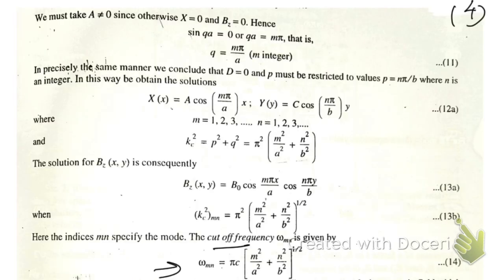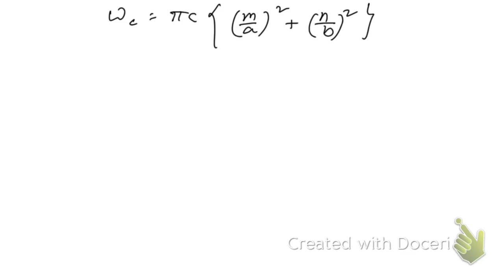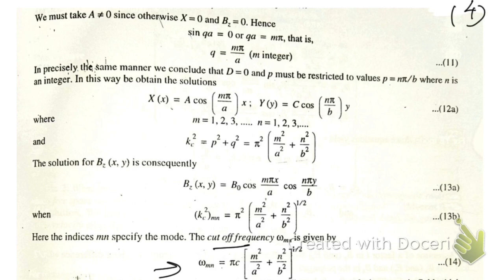That is nothing but, what was that, omega c is equal to pi c times root over (m by a) whole square plus (n by b) whole square, whole to the power 1 by 2. I think there was omega mn here, yes.